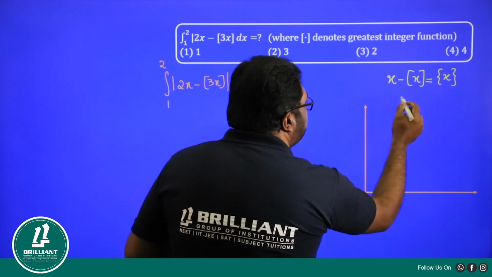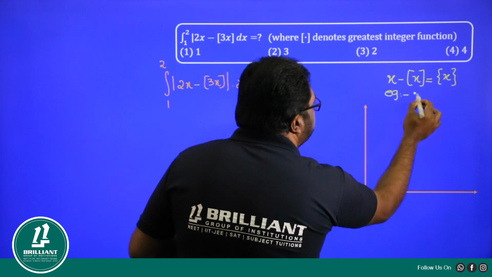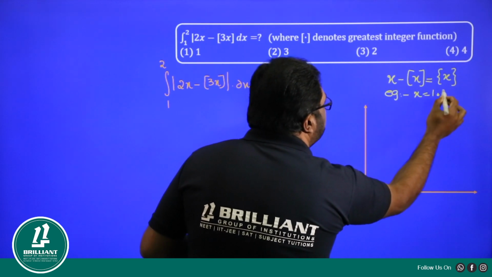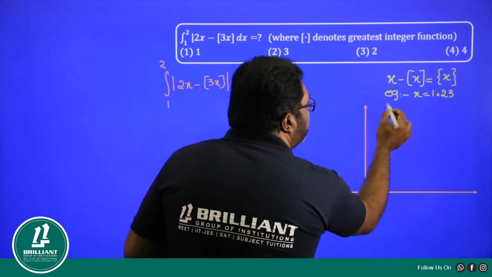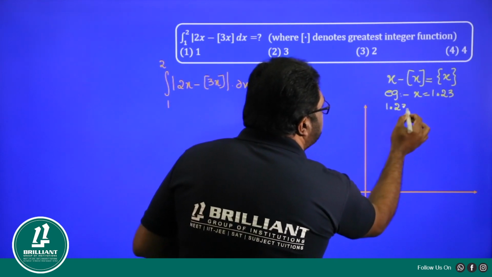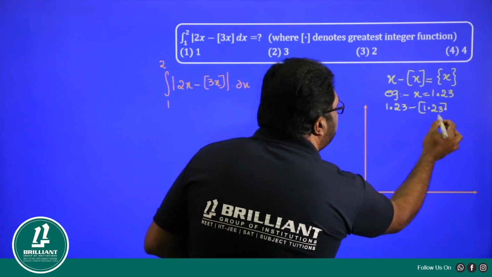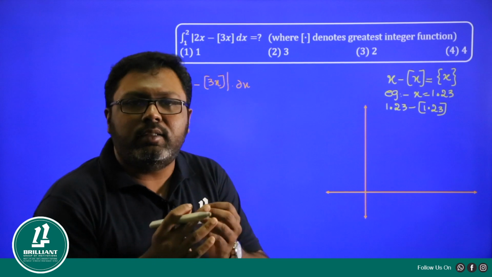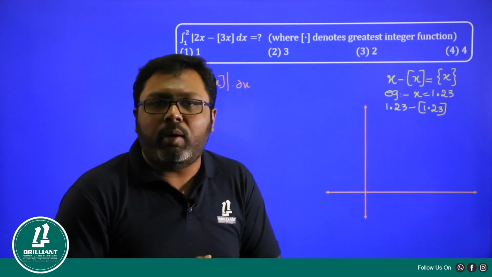Okay, now from this I can give an example. Like for example, my x is equal to 1.23. So if I say 1.23 minus the greatest integer of 1.23, you know what is the greatest integer, right? The greatest integer will be the greatest integer just before the real number.